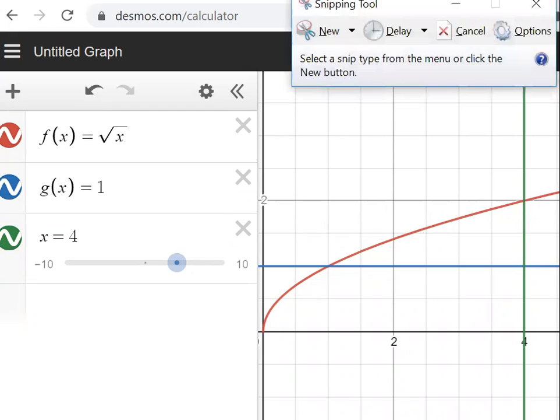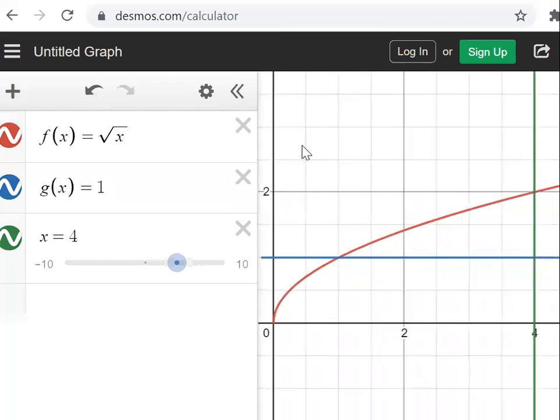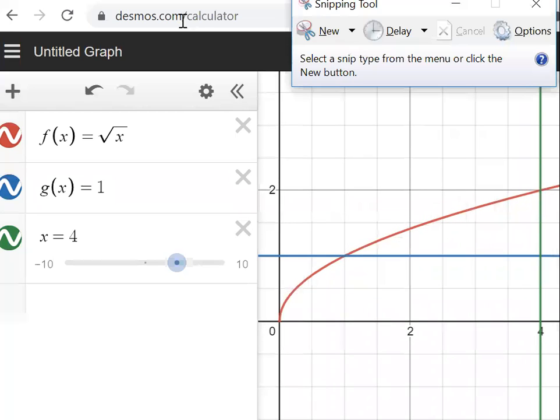Now I'm going to use the snipping tool and then bring it into the problem.